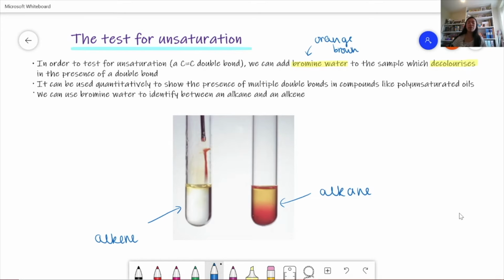And the key thing to remember about these sorts of questions that you might get asked is that when they ask you for your observations, you have to put down what it started off with and what it looks like now. So if they asked you what you would see if you added bromine water to an alkene, you'd have to say that the orange-brown colour of the bromine water will decolorize.